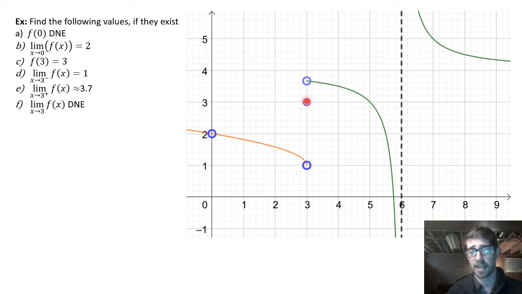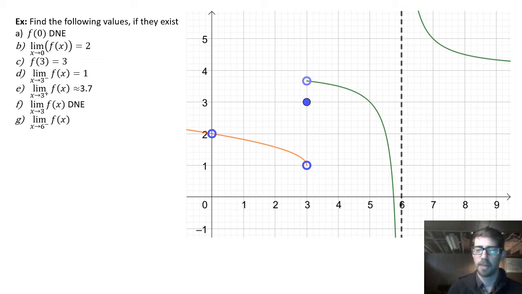And the fact that I defined the function at 3 doesn't matter at all in terms of the limit, right? It didn't affect any of that stuff. What the function is actually defined to be really doesn't matter as far as the limit's concerned. It only matters as far as continuity is concerned. If we were to fill in a little dot here, we'd make it continuous, but this little dot didn't affect the limit. It's just kind of there to trick you, I guess.